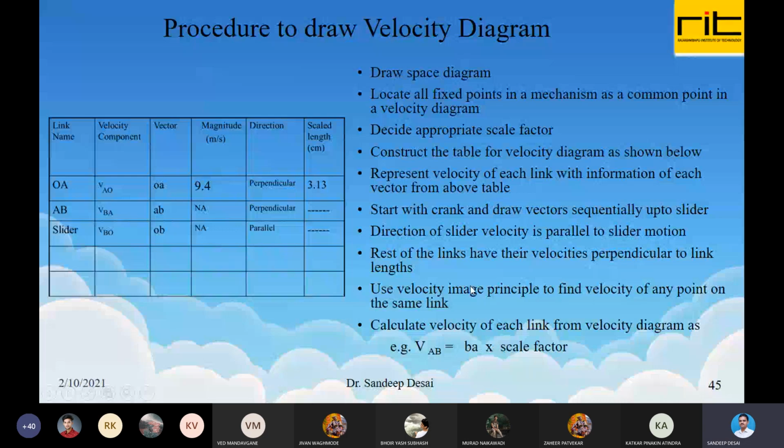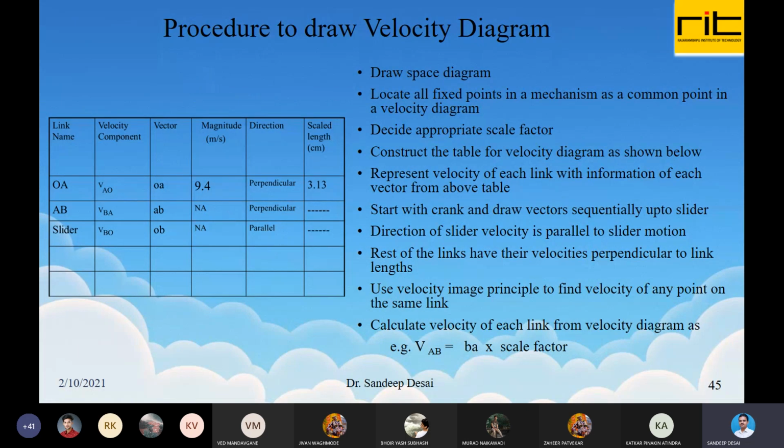Start with crank. Always start with input link, input crank, driving link, and draw vectors sequentially up to slider, in case there is a slider. In the earlier problem that we had solved, there was no slider. What I mean to say is start with the driving link and then draw vectors sequentially up to the last link in the mechanism. Direction of slider velocity is always parallel to slider motion.